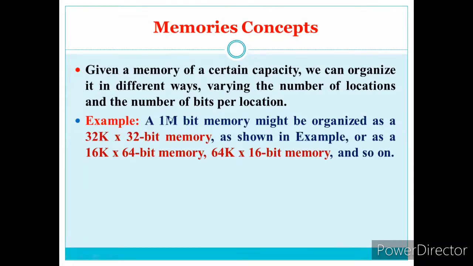One simple example: if I want to design a 1 megabit memory, we can have either 32K cross 32 bits, meaning 32,000 locations of 32 bits each, as seen in the previous example, or 16K memory locations, each of 64 bits.